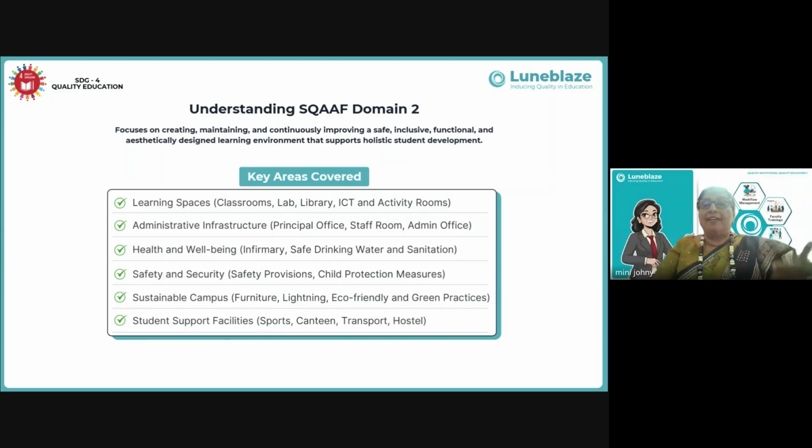So health and well-being, the infirmary: how the settings are there, what evidence or documentation is happening over there. Then safe drinking water and sanitation, safety and security. That is, what are the safety provisions, child protection measures, POCSO.